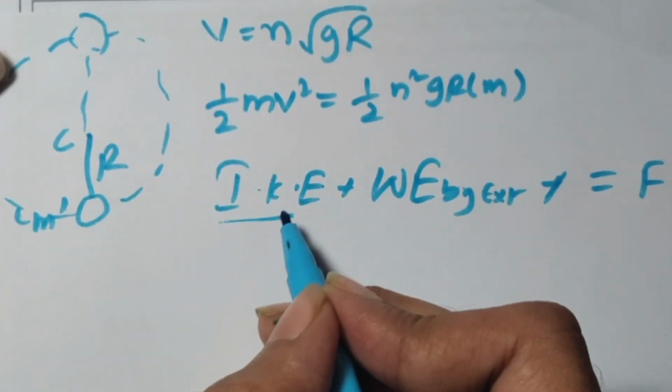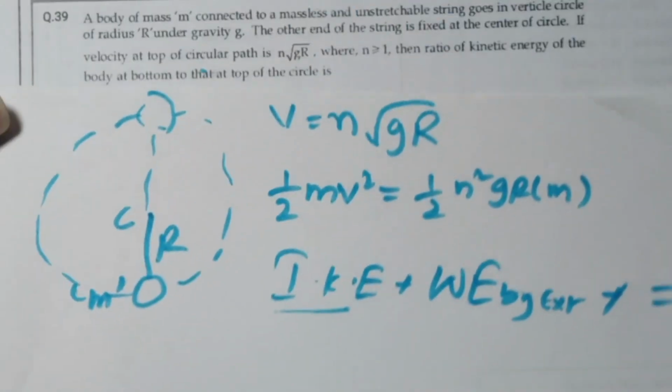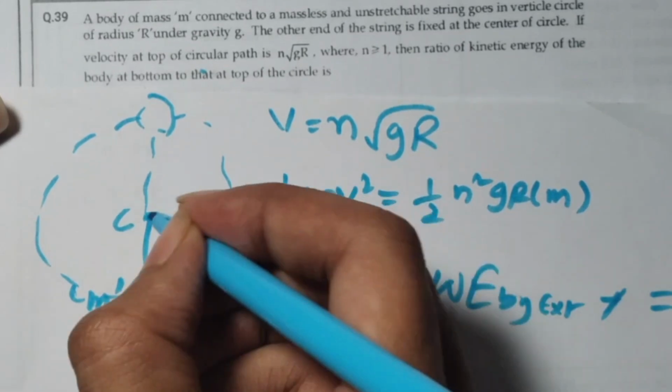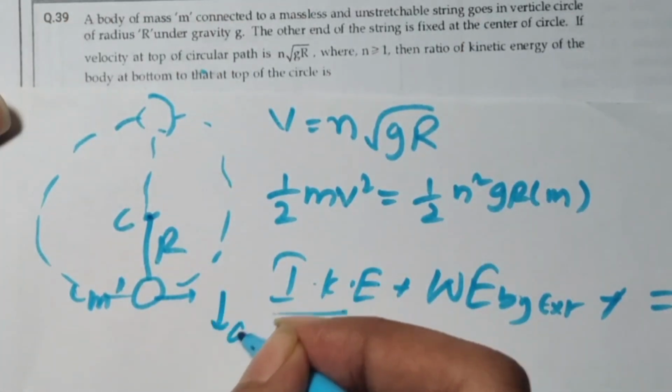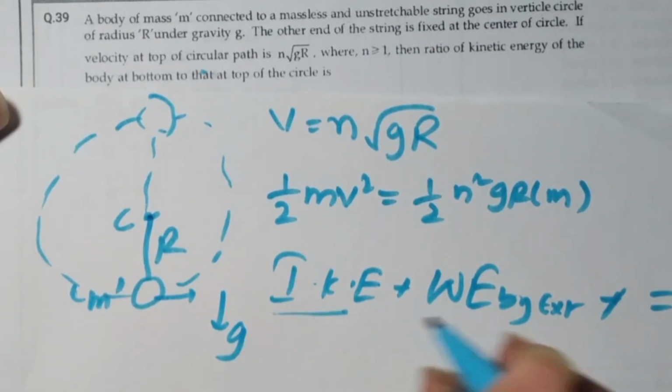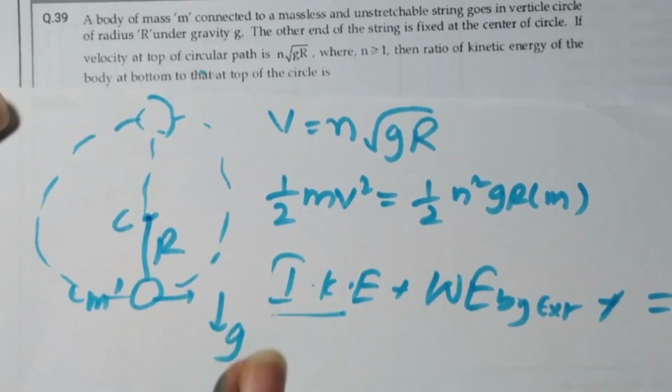If you observe this path, the body is moving upward but gravity is downward. So work done by gravity in this process will be negative.